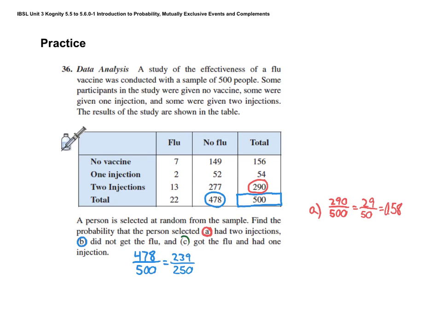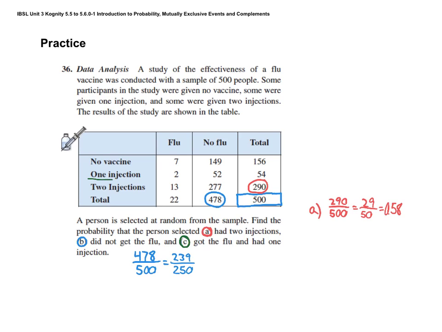And then finally, the probability that they got the flu and had 1 injection. So how many people got the flu and had one injection? It's really 500. 2 out of those 500.